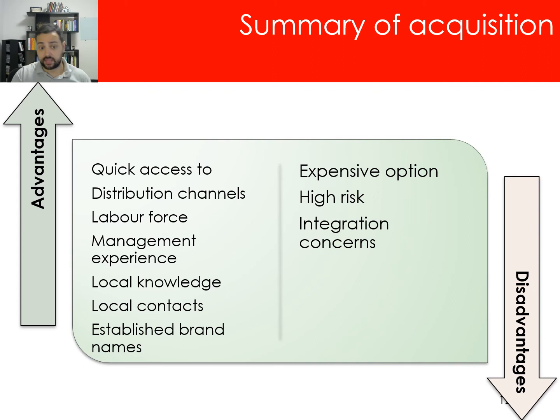You can have access to the labor force, the people that you need to operate your business. You can keep the management experience. Also, you can have a very fast way to acquire local knowledge and local contacts. And also, you can use established brands to establish your business in the foreign market.